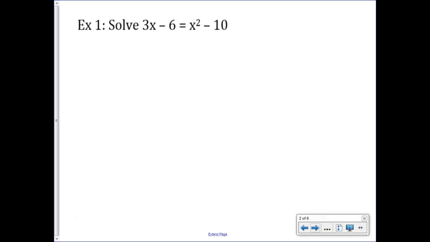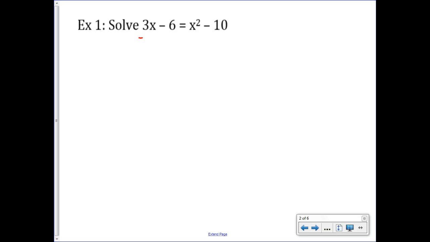Our first step that we want to do every time is to get everything moved over to one side so that we can factor just like we did, ignoring the equal sign, and then we can take that extra step to solve. So I always try to keep the x squared positive, so that means I'm going to move everything over to the right hand side.